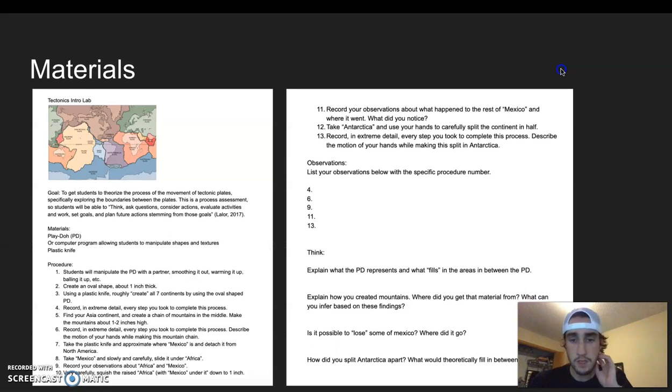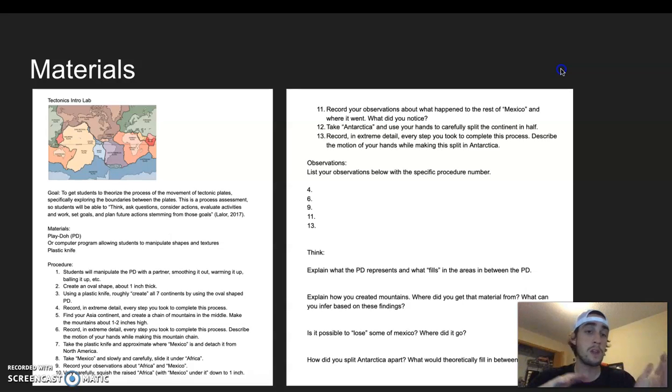Okay, materials. Hope you can see this okay. I just took screenshots of the lab that I created, and I can post this as well if need be. But I wrote the lab with influence from the Lawler textbook, just thinking of process assessments and really keeping the procedure super simple, and then having them list observations and expecting them to be extremely detailed, while also having 4 process or think questions towards the end.